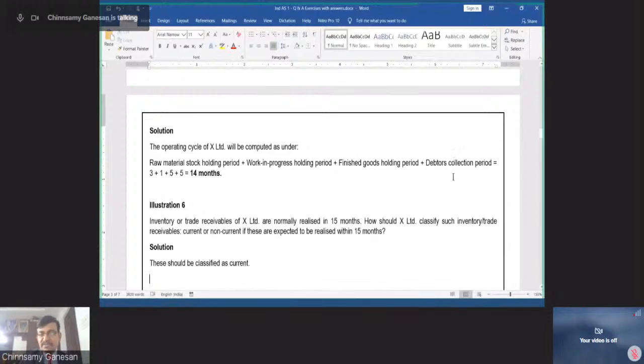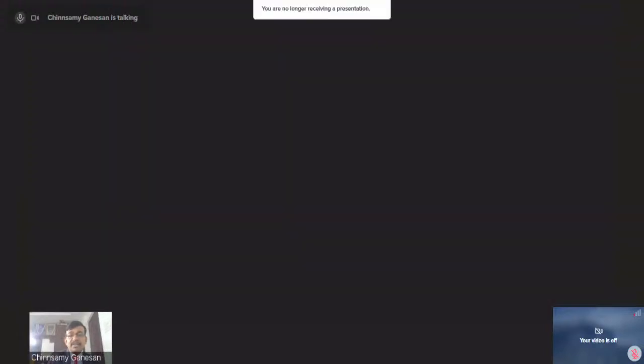And debtors after sales will also get collected only after 5 months. So all this put together, it's what we call a normal operating cycle. Why this normal operating cycle is required is because we will have current and non-current classification.